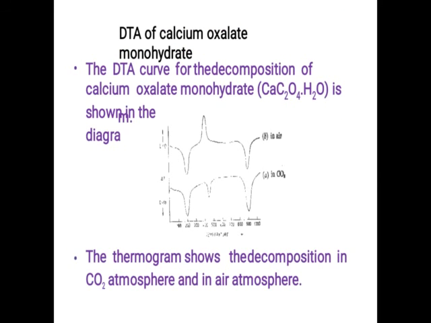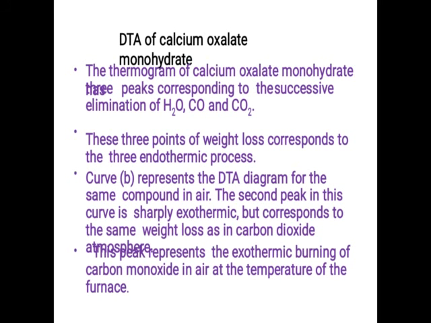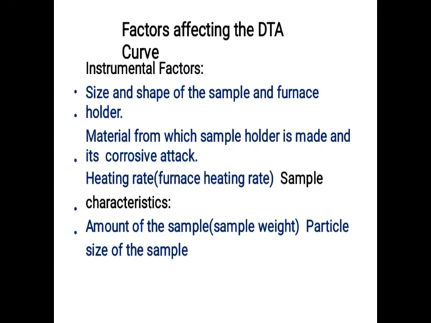Now the next part: what are the factors which affect DTA? There are two factors which affect DTA. One is the instrumental factor, the second is the characteristic of the sample. Instrumental factors include the size and shape of the sample, furnace holder, sample holder, reference holder, the material from which the sample holder is made and its corrosion attack, then the furnace heating rate or sample heating rate.